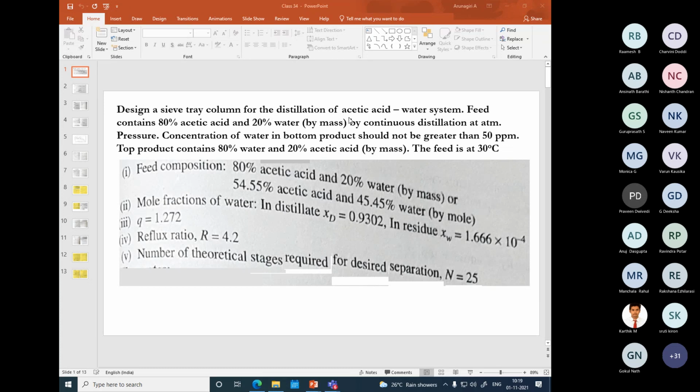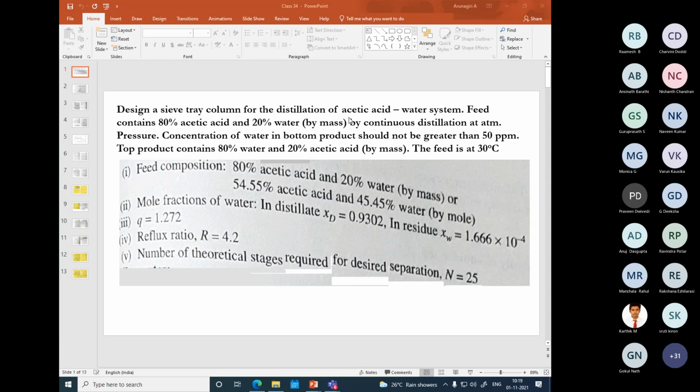Mole fraction of water in distillate, that is XD, is 0.9302. That is given in the problem.